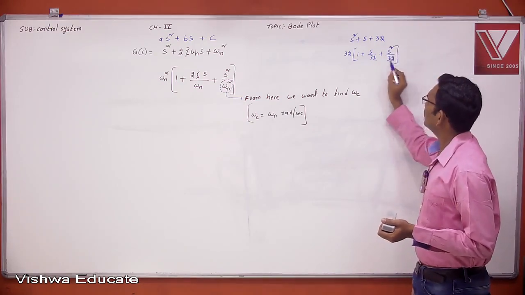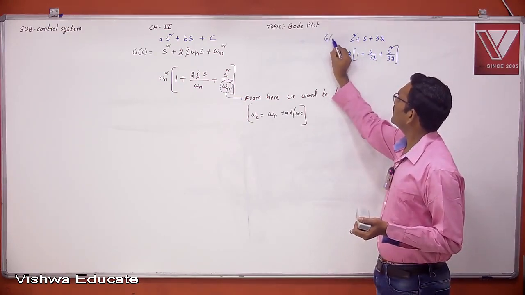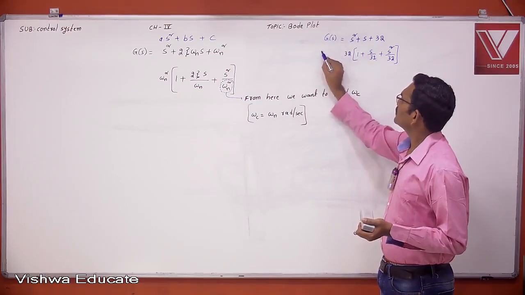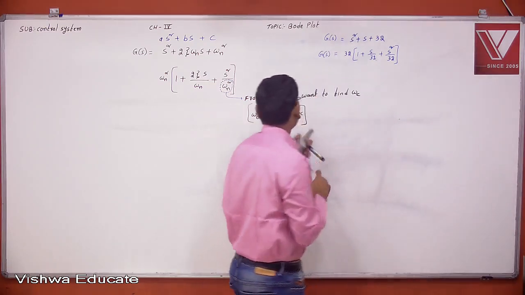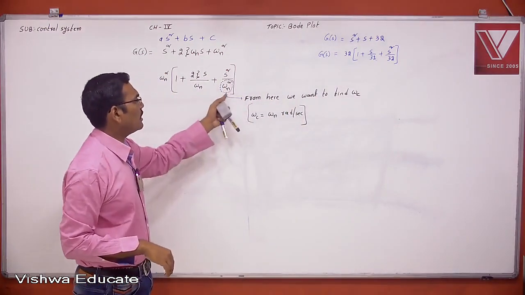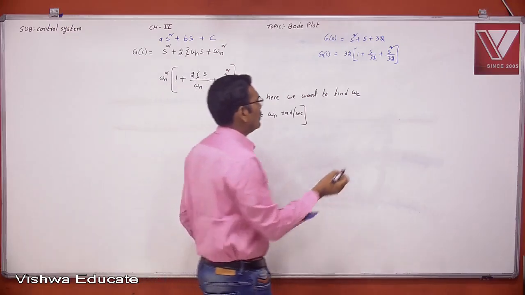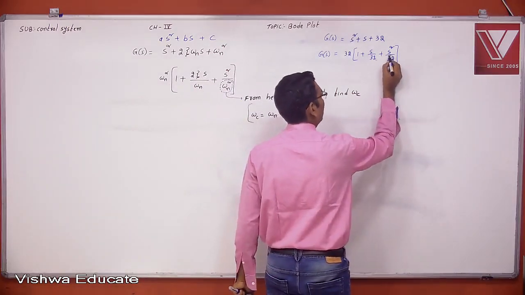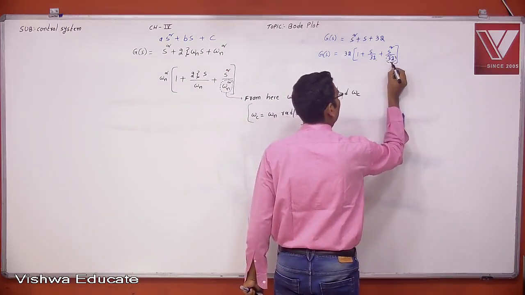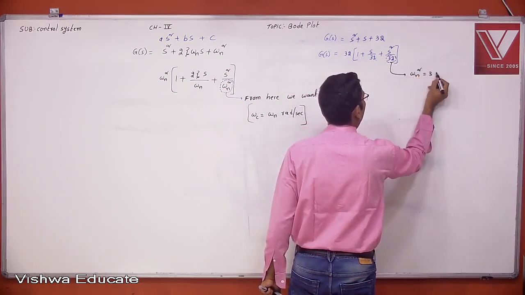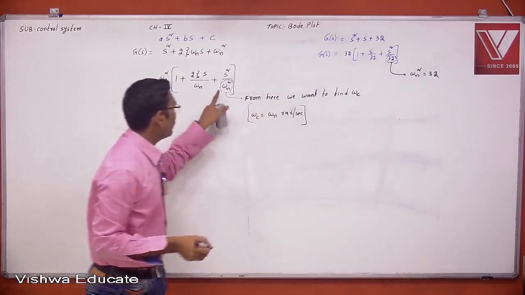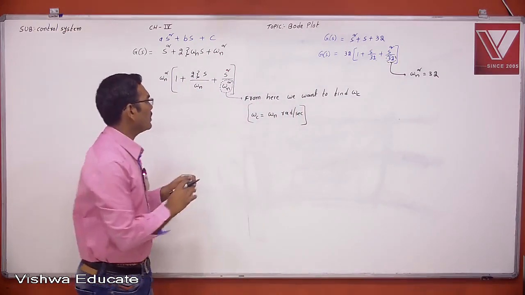After writing it in time constant form, always look at the s square value for finding the corner frequency. What is the s square value? This is nothing but 1 by omega n square. Omega n square is equal to 32. From here we want to find the corner frequency.